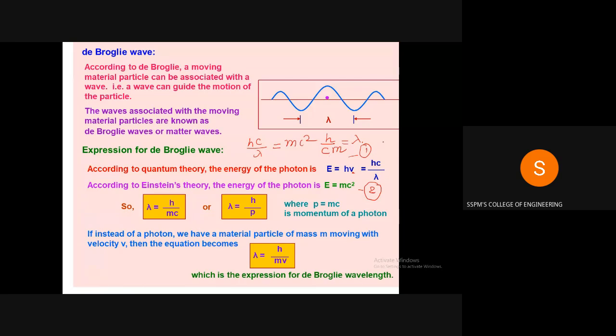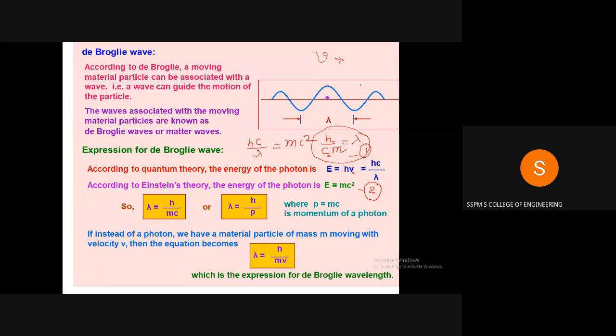This is observed for a light wave because this is the velocity of light. Here the value of c is 3 × 10 raised to 8 meters per second, that is the velocity of light, the speed of light. Now if matter as a particle is in motion, and V is the velocity of a particle, then c must be replaced by v.